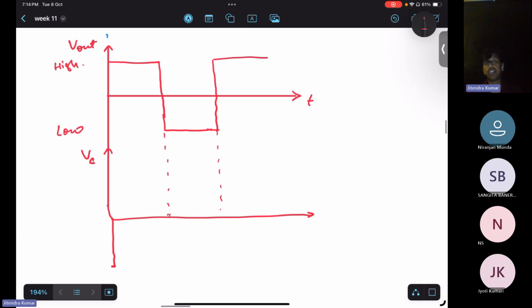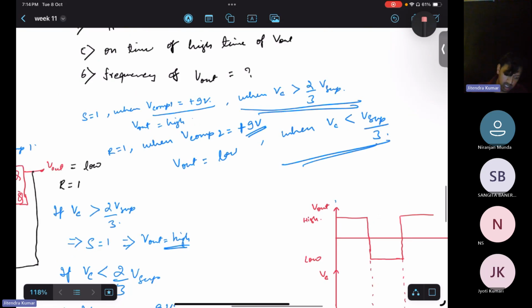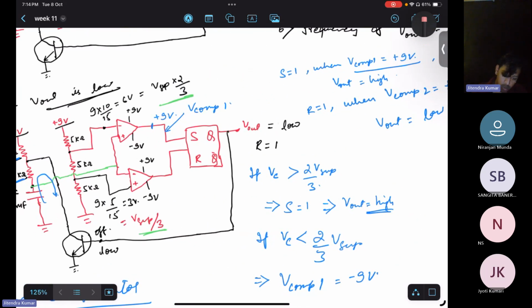So what about VC? How will this VC vary? VC will either charge or discharge, that is for sure. When this output is high, VC will discharge.